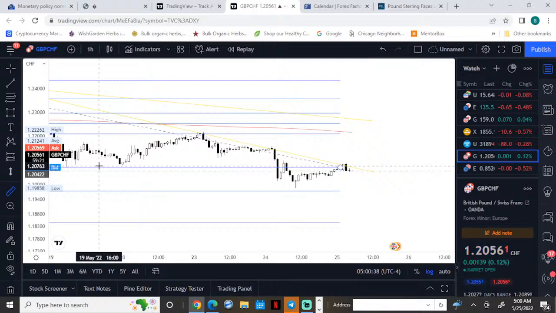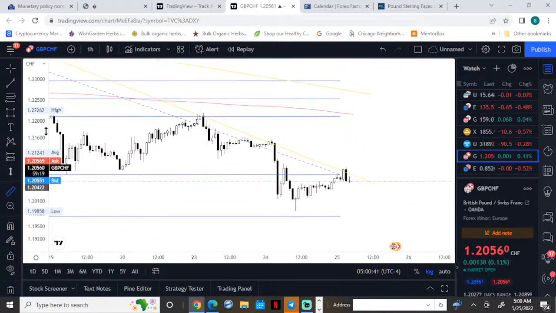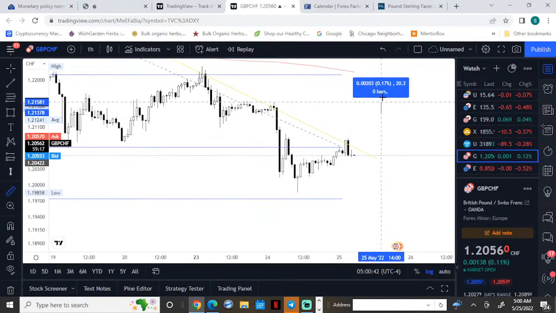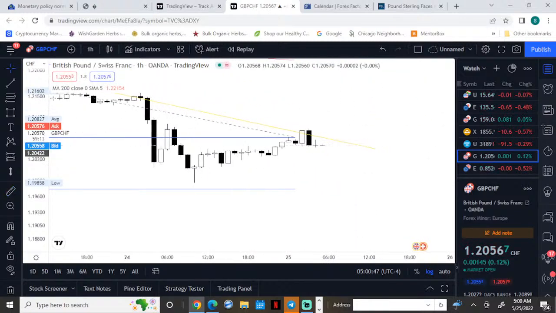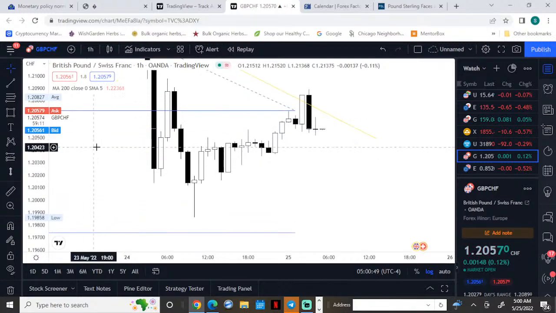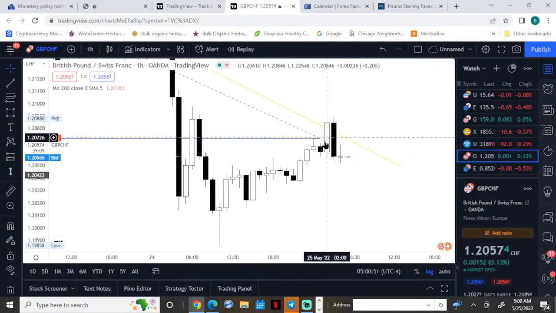I'm looking. I'm really looking now. I want to find a reason. This isn't quite. No, it's not an engulfing candle. Definitely looks like an order block to me.